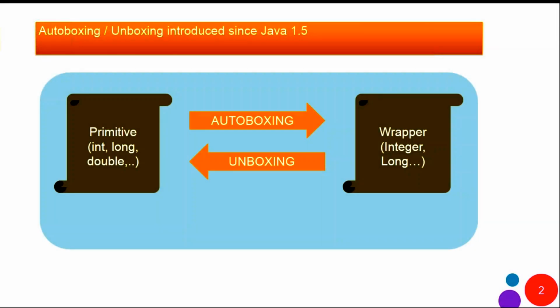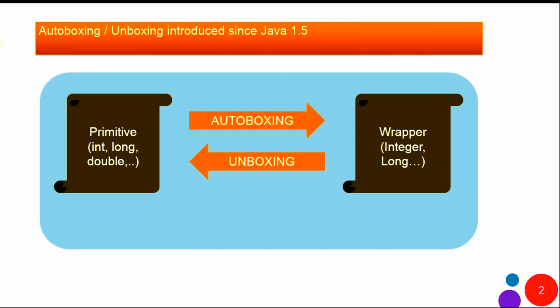When you convert a primitive type, like the primitive data types int, long, double, float, boolean and so on, into the wrapper types Integer, Long, Double, and so on, that is called autoboxing. And if you do the reverse, from the wrapper type classes to the primitive type, then that concept is called unboxing.